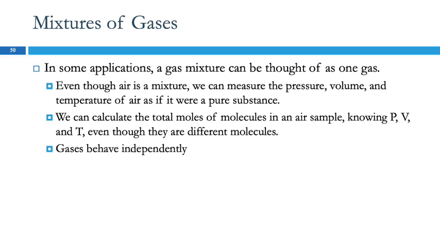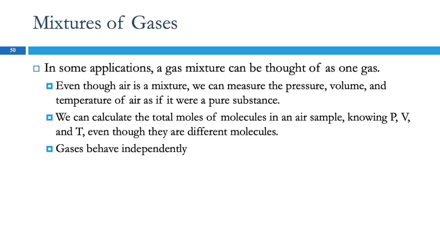We can treat a mixture of gases as if it was a single gas. Air's a mixture, but we can measure the pressure, the volume, the temperature as if it were a pure substance. If we calculate the moles then, we're going to get the total number of moles of all the gases combined.